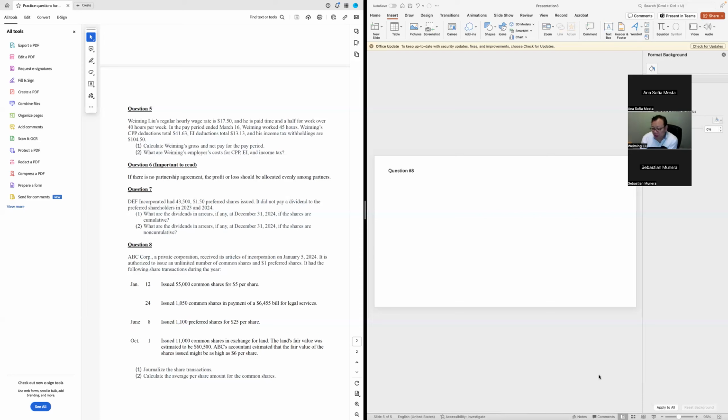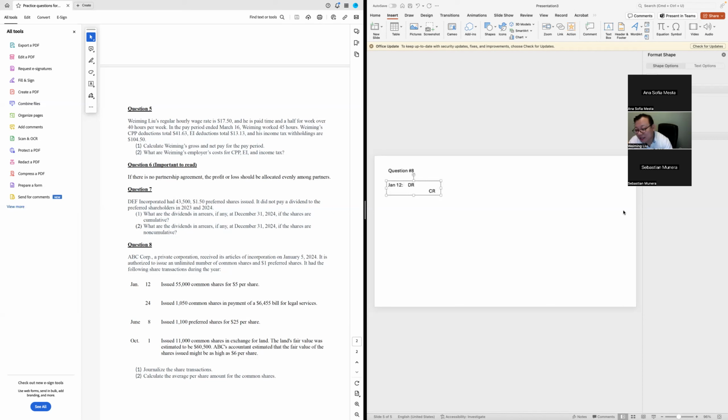So first we need to do the journal entry. Let's see, January 12th. They issued 55,000 common shares for $5 per share. So what has increased? They issued common shares for cash, so common shares increased.